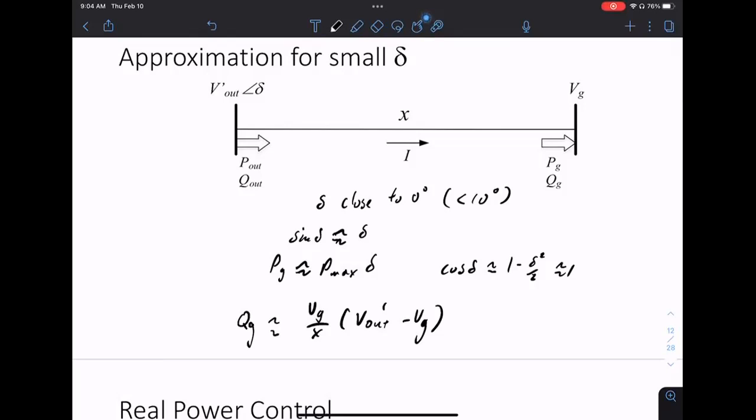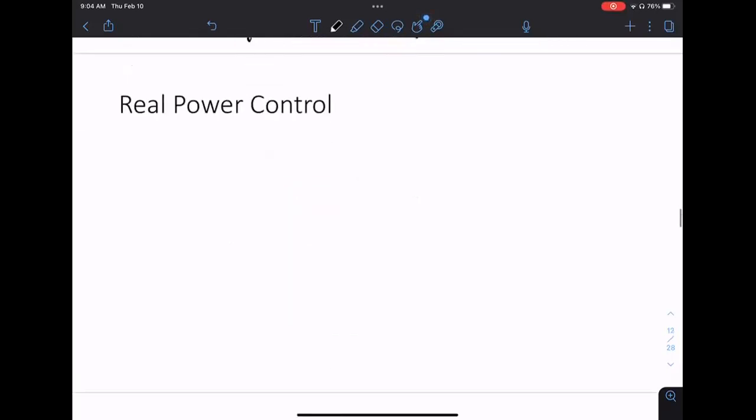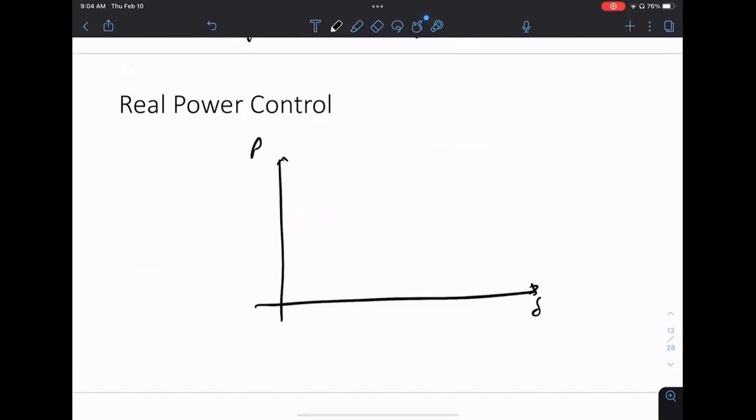Okay, so the equations here again are not very hard. We have a lot of intuition built from looking at simple equations. Again, real power control. How does this work? If you draw the delta axis and the power you can generate, this looks like some sine curve, right?